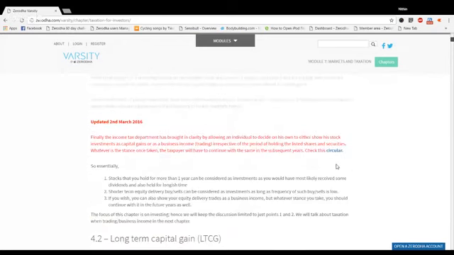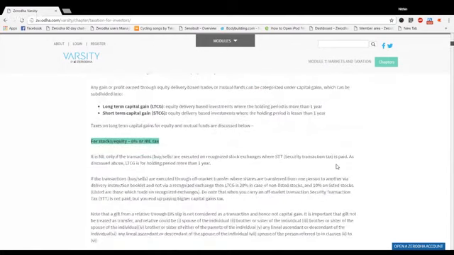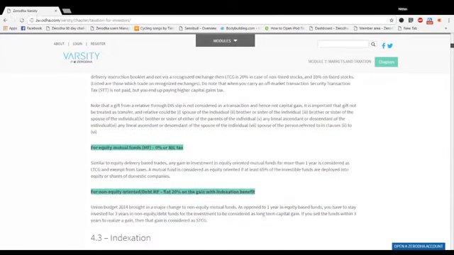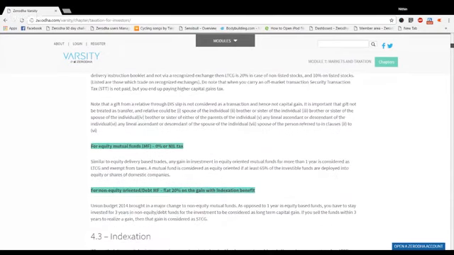And like I was explaining earlier, the taxes are zero for long-term capital gains, and it's the same for equity mutual funds as well. For non-equity or debt funds, it is 20% on the gain with indexation benefit.